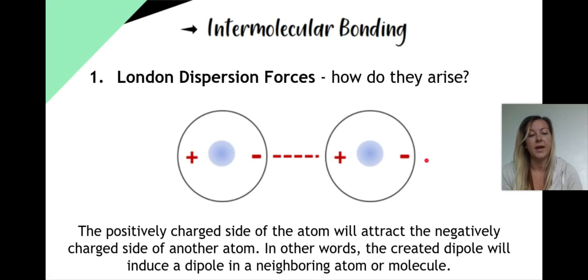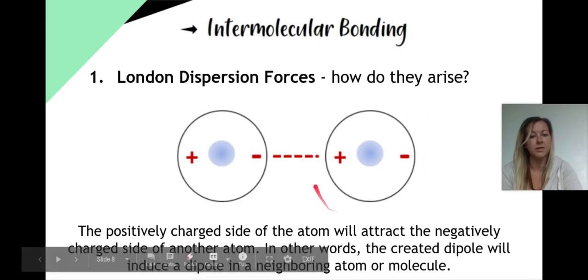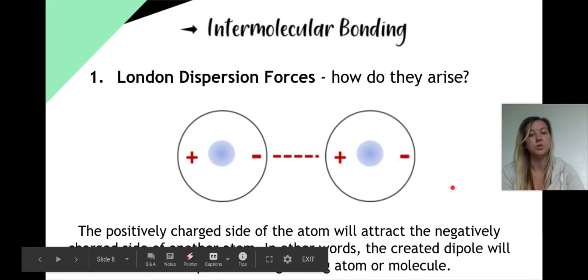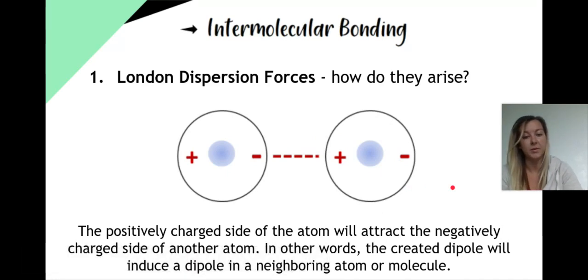So, how does this actually make a force between the atoms? Well, as we know, opposite charges attract. So if you have a temporary dipole created in one of the atoms, what that's going to do is it's going to induce a dipole in a neighbouring atom.